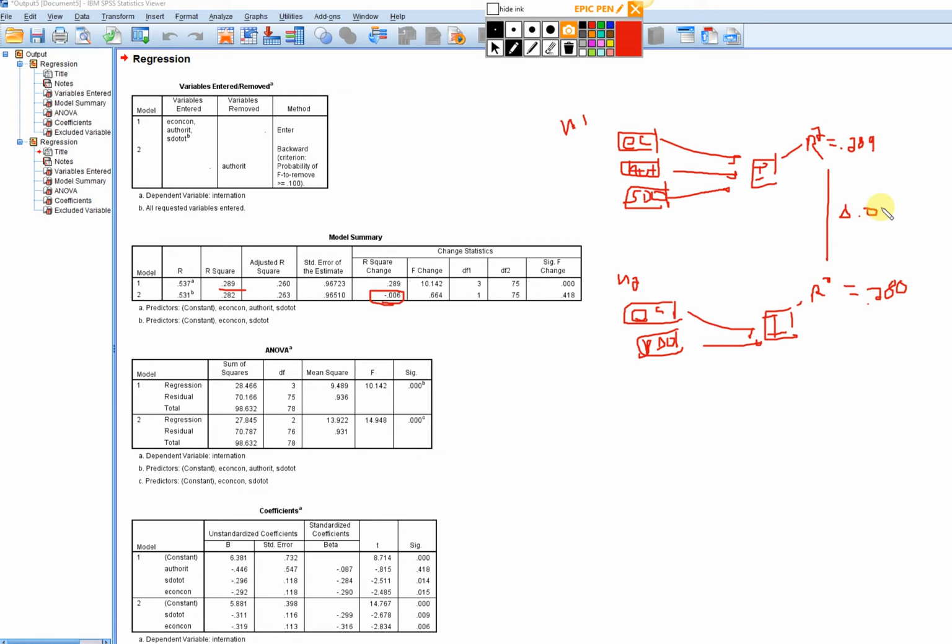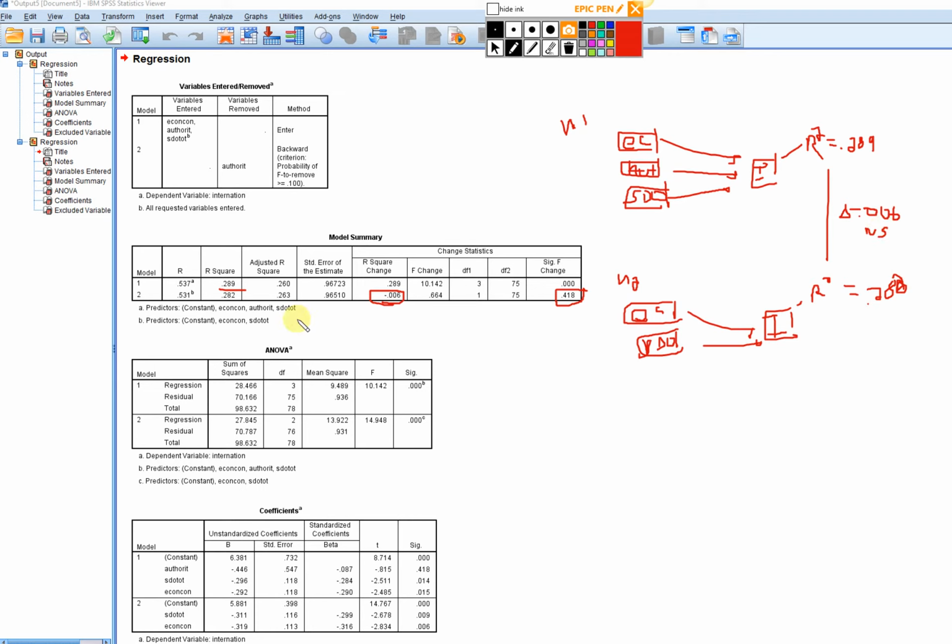So the change in R-squared that we observe right here was negligible, and you can see the p-value that's given right here. This change is non-significant, and so logically, if we're seeking out the most parsimonious model, the more parsimonious model would be Model 2 as compared to Model 1, because in Model 2 we're explaining just about the same amount of variation as Model 1.